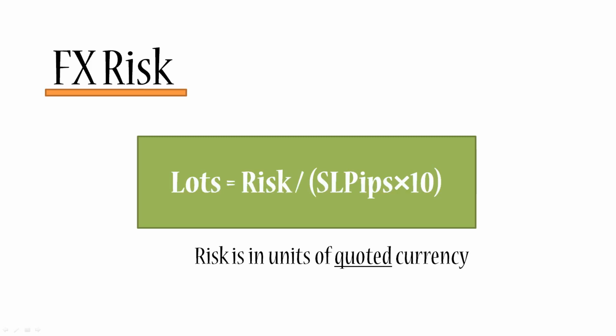So all you have to do is you take your risk, the amount of money that you're prepared to lose in a particular transaction if the market goes against you, and you divide that by the number of pips in your stop loss, multiplied by 10. And that will give you the amount of lots you should enter the market with. And that's very powerful because that's the way you control your risks.